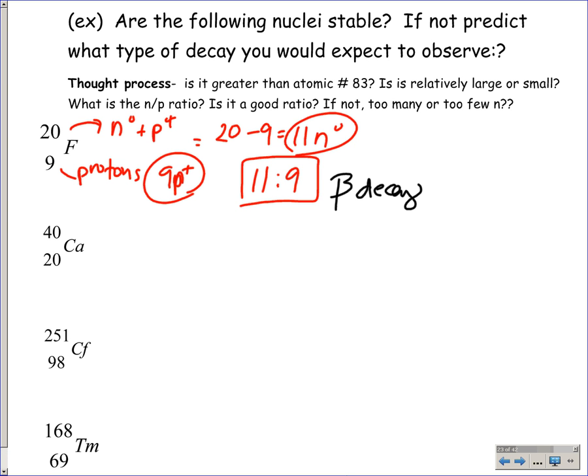Looking at calcium, you can see that its atomic number is 20, so its proton number is 20. You can also see that 40, being its mass number, means it should have 20 neutrons because you do 40 minus 20.